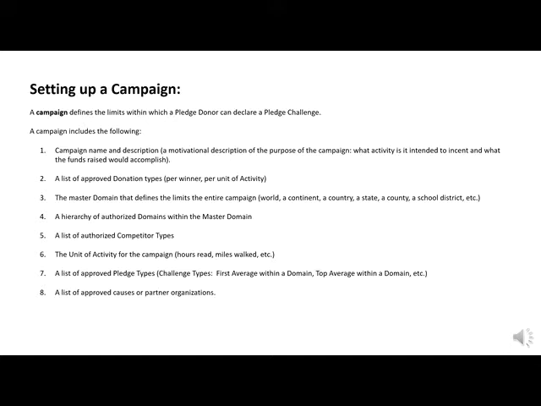It also includes the unit of activity of the campaign: hours read, miles walked, etc. And a list of approved pledge types. These are related challenge types: the first average within a domain, the top average within a domain, etc. And finally, it includes a list of approved causes or partner organizations that the person defining the pledge can select from.